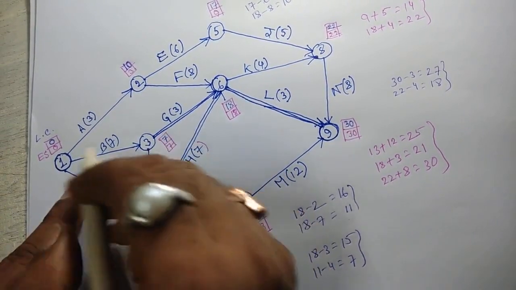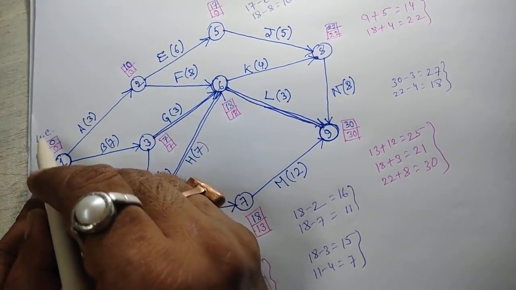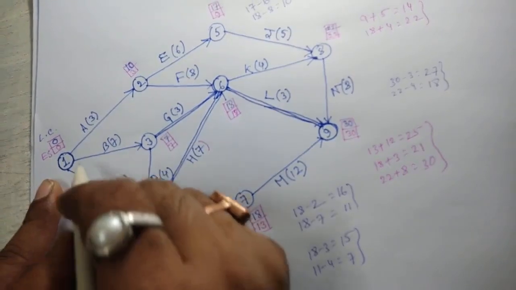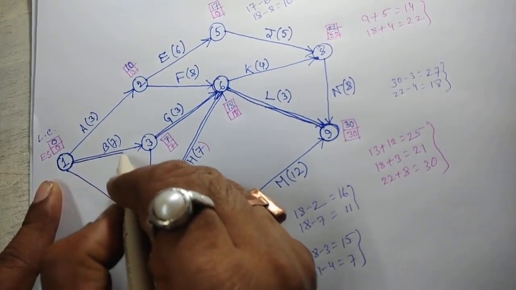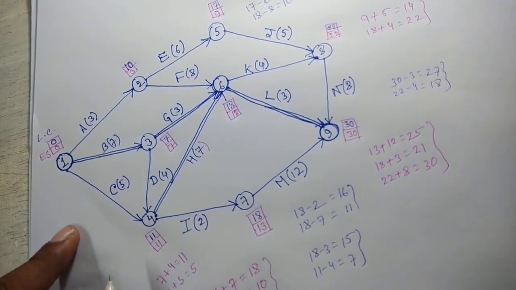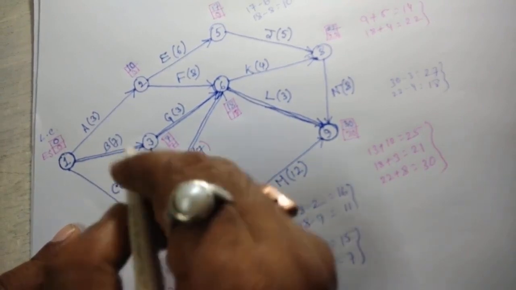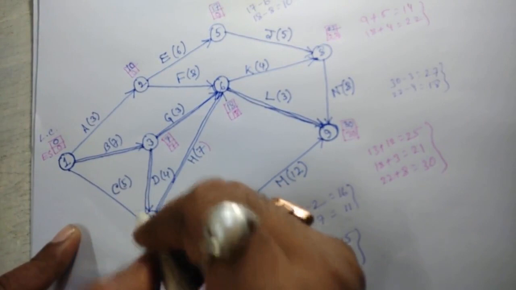And node number 1, LC and ES are equal. So it is a critical node. So this will be a part of the critical path. Now see, here also 7 and 7. So it is also a part of the critical path.